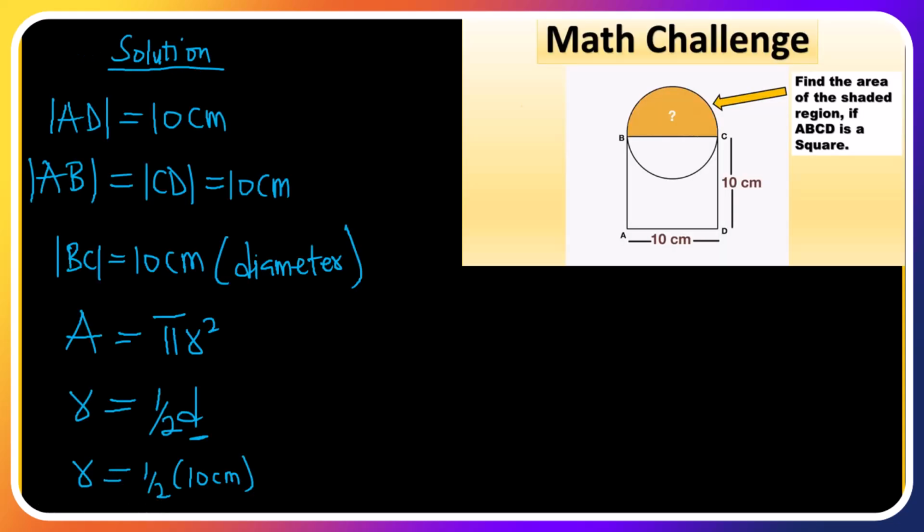Now with the area formula for a circle, we can substitute in the radius, and the given value of pi was 22/7. So let's substitute this in. Area is equal to pi, which is 22/7, multiplied by the radius squared.